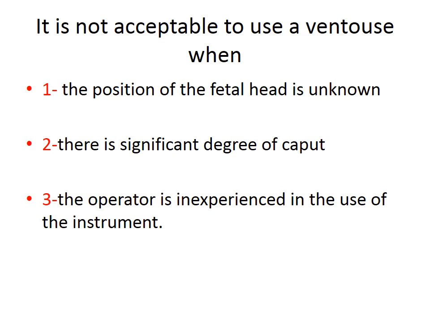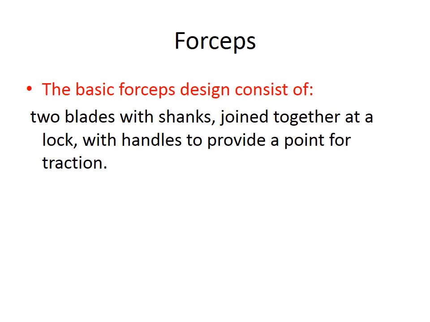As well, it should not be used when there is a significant degree of caput, because this indicates that there might be an element of cephalopelvic disproportion, and the labor might be an obstructed one. As well, it should not be applied when the operator is inexperienced in the use of instruments.